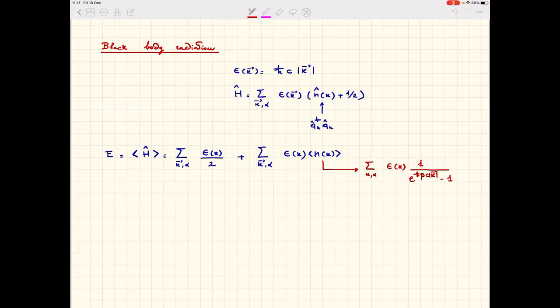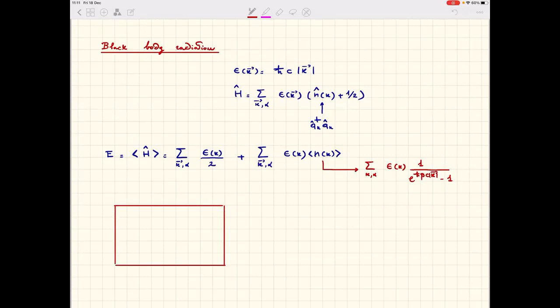Instead, photons are completely different. You can create and destroy photons as you want. In particular, here we will be trying to describe thermal radiation. What is thermal radiation? Thermal radiation is what happens when you take a cavity and you keep this cavity at some temperature.